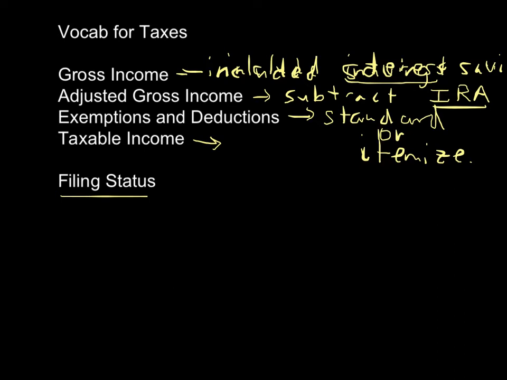Okay, if you get to that stage and you're trying to debate the advantage of filing jointly or filing separately, you may want to talk to a tax consultant, because that's when it gets a little trickier, because you have to do both calculations and see which one is better.